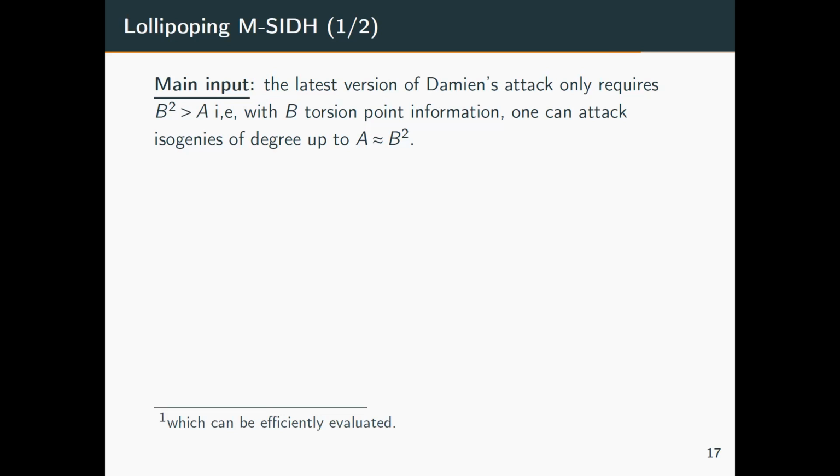And it was that the attack applies when the degree of your isogeny is like the square of the amount of torsion points you have. So you don't need NA to be greater than NB. It's sufficient to have NA squared greater than NB to run the attack. So now the attack has exploded a bit.